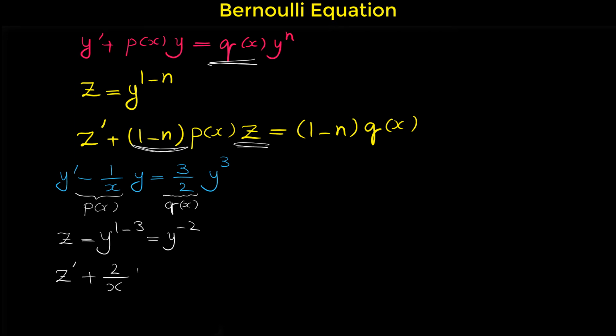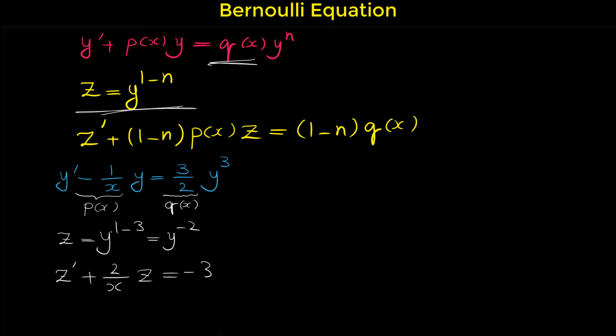Don't forget to put z, equals 1 minus n, which is negative 2, times q of x, which is 3 over 2. If we cancel 2 with 2, it equals negative 3. So with this substitution, we converted the Bernoulli equation to a simple linear first order differential equation. Now we can solve this linear first order differential equation.